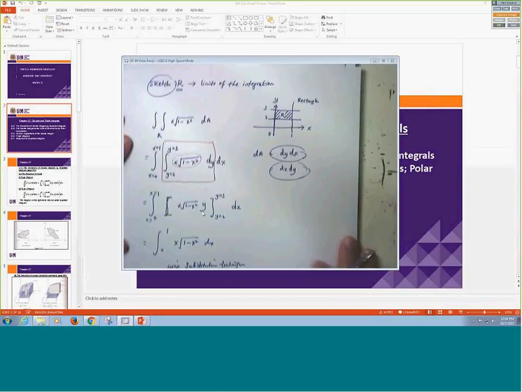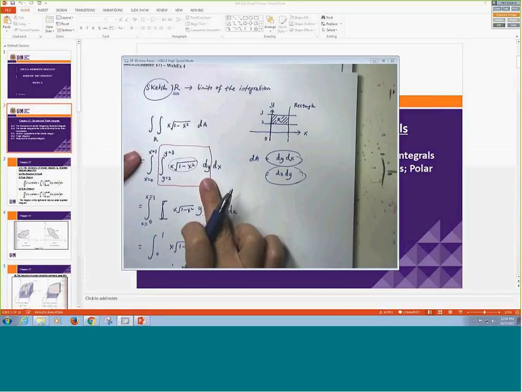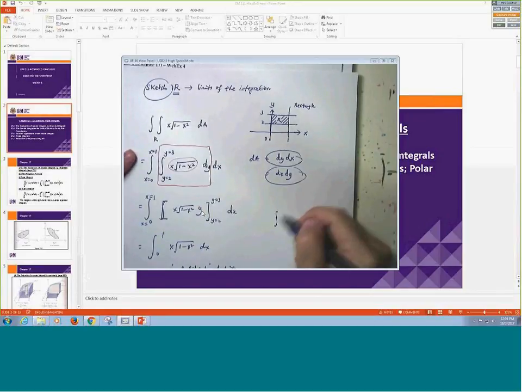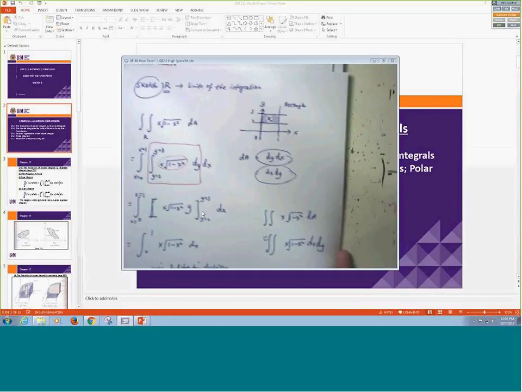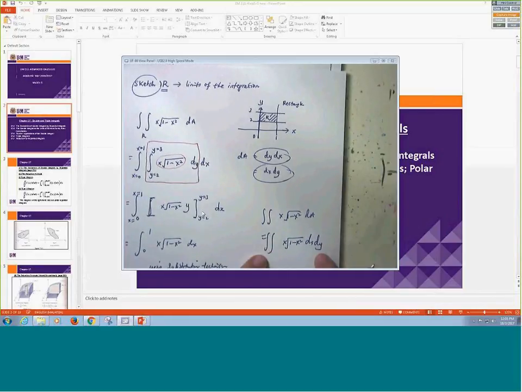If you want to write dA as dx dy, we replace this with dx dy. Now the limits of integration are y from 2 to 3 and x from 0 to 1.